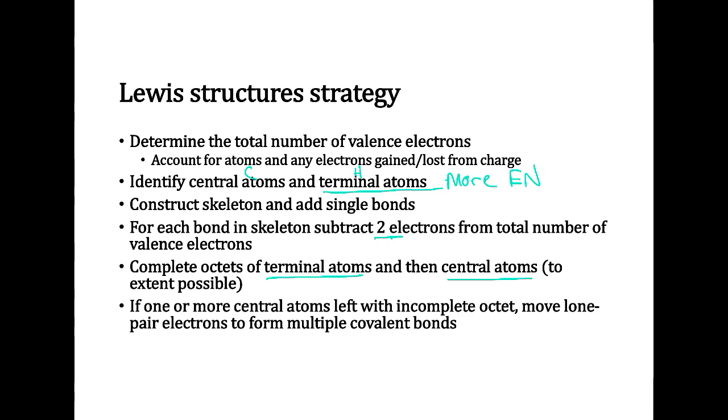But whenever you are adding the electrons to the terminal atoms, start with most electronegative first. Okay, and then if you have one or more central atom left with an incomplete octet, we're going to have to move a lone pair of electrons to form a multiple covalent bond, so a double or a triple bond.